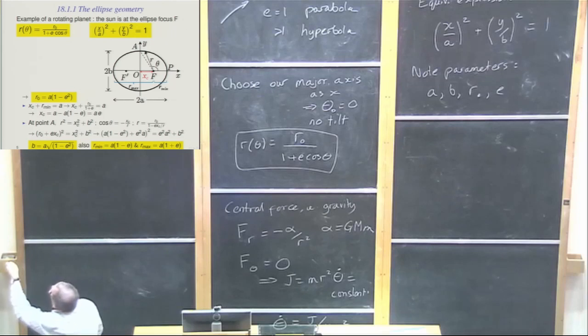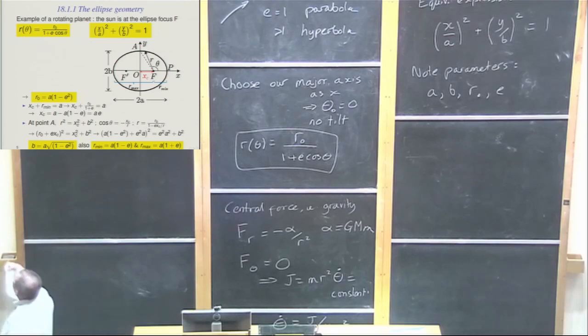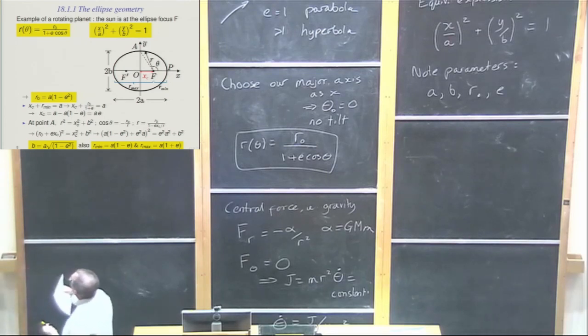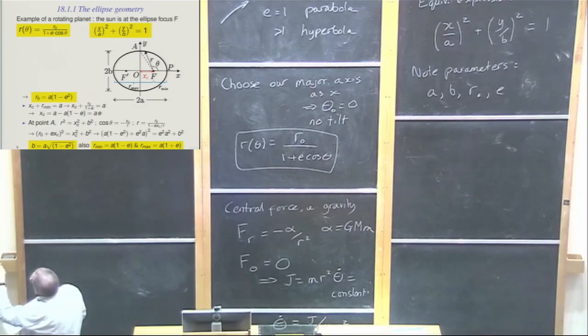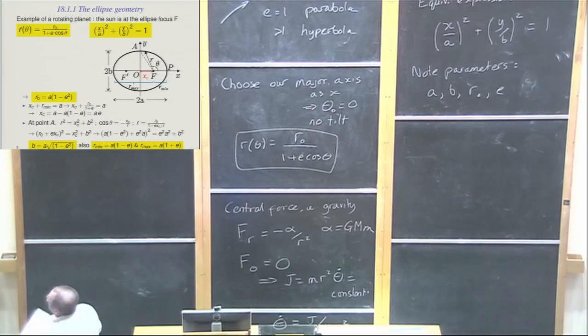We can imagine the sun is here and the planet is revolving around. So what we have demonstrated is that a solution of the inverse square law is that the motion will be an ellipse with the attractor, the sun, at one focus. And that, as you probably know, is one of Kepler's laws.